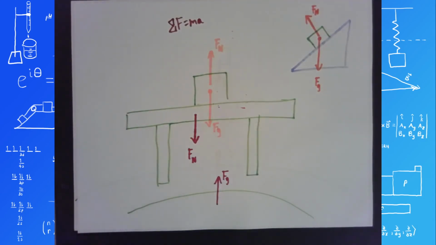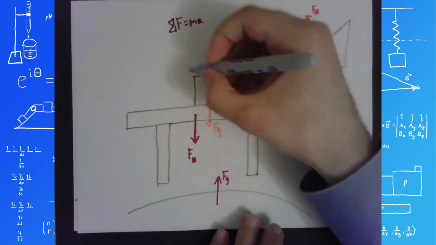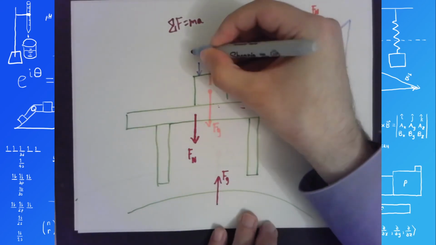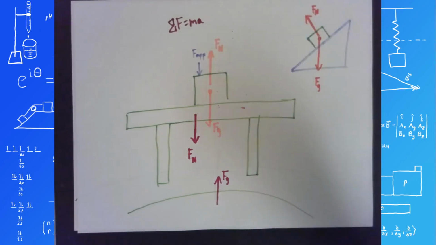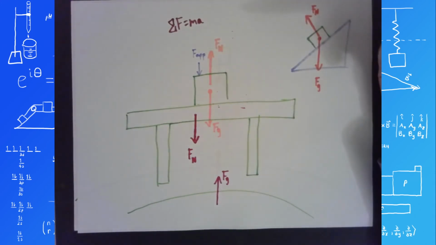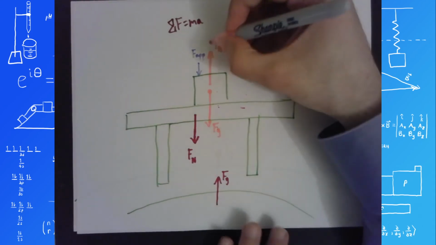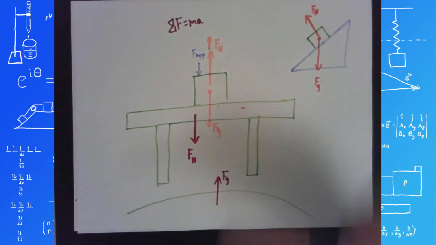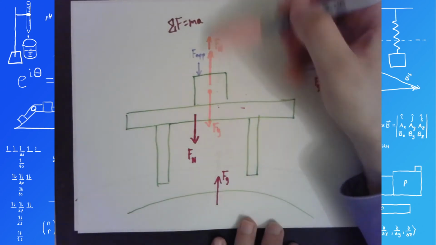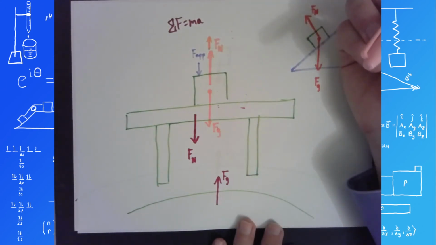If there was another person applying a force downward like this, for example, well, then in this case the normal force wouldn't be equal to the gravitational force anymore. In this case, the normal force would actually have to be a little bit larger because, again, forces up minus forces down have to be 0.